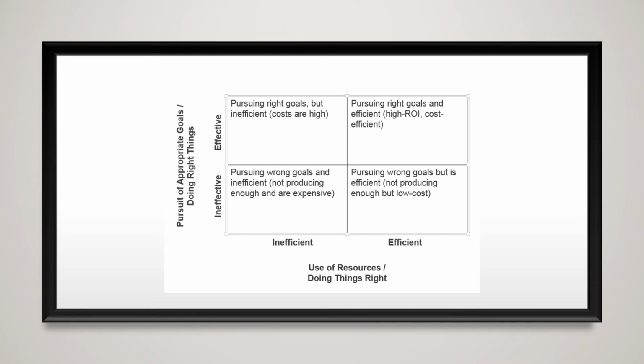Then effective and inefficient mean pursuing right goals but inefficient, like cost are high. Then ineffective and efficient means pursuing wrong goals but efficient, not producing enough but low cost. And effective and efficient means pursuing right goals, and efficient means right ROI and cost efficient.